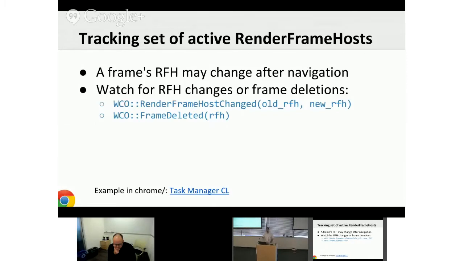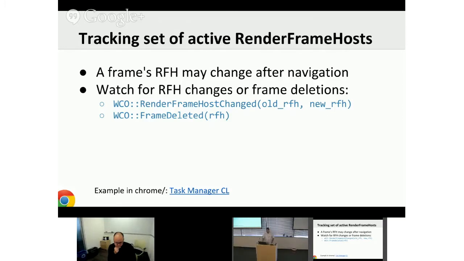One note to know is that we will get a render frame created on the renderer side, most likely before you get the render frame host changed, which is normal because at this point in time we fire off a navigation in the render frame host, and once it commits is when we fire off the render frame host changed.